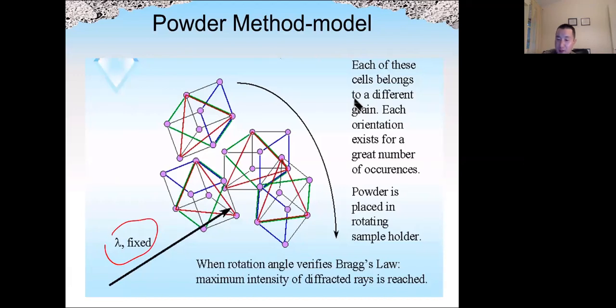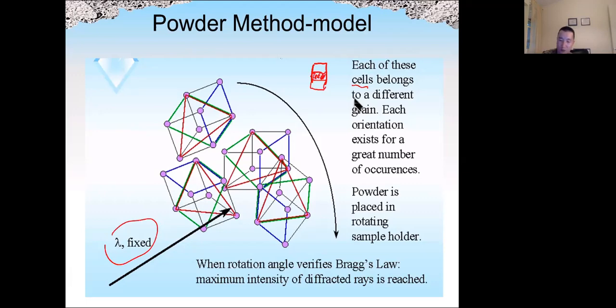Each of these particles belongs to a different grain, and each orientation exists in great number because we have so many fine particles. The powder is placed in rotating sample holders, which are just like glass holders, so we put the powders here.